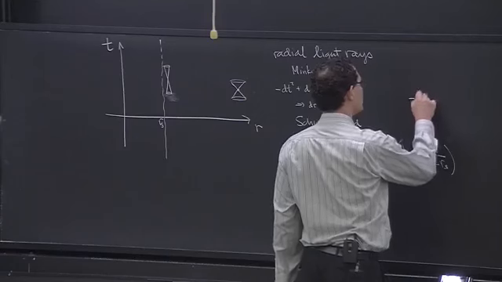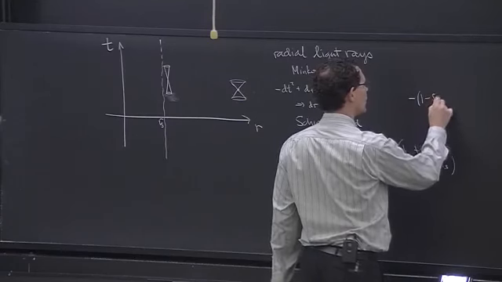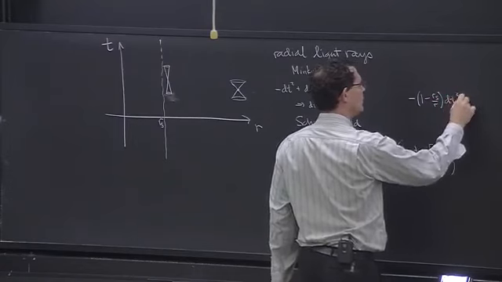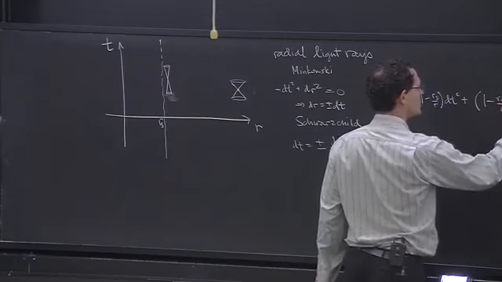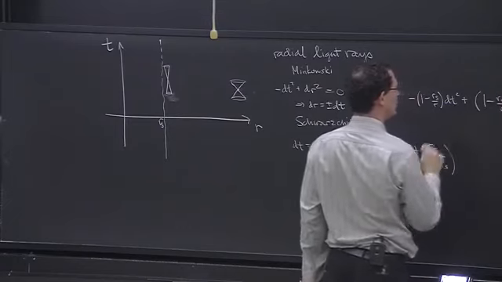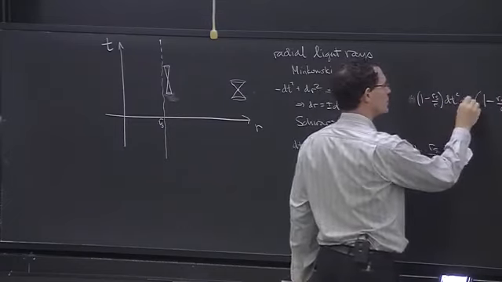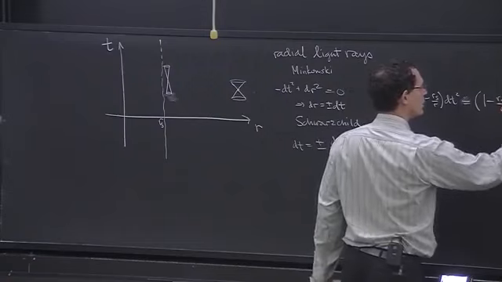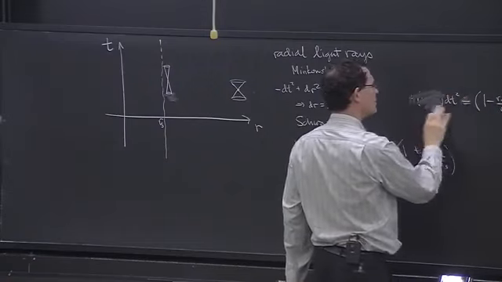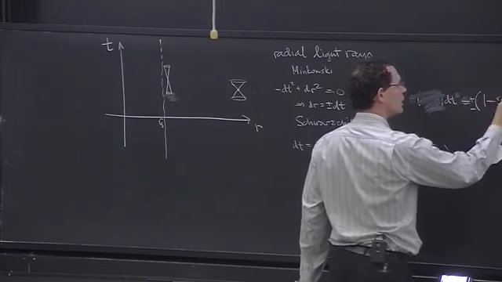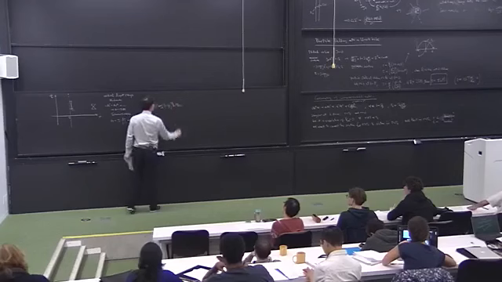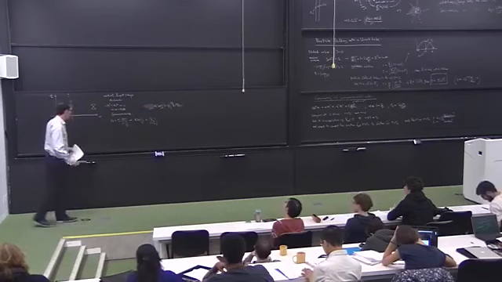So I've got minus 1 minus Rs over r dt squared, plus 1 minus Rs over r inverse dr squared equals 0. So I can set this equal to that, and then I divide by this, and I take the square root. That becomes a 1. All right, no problem.